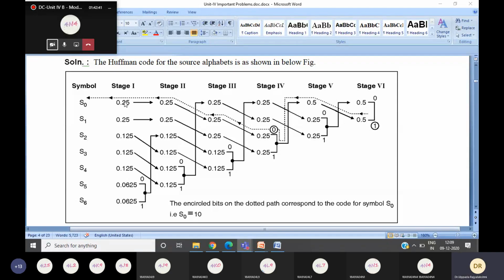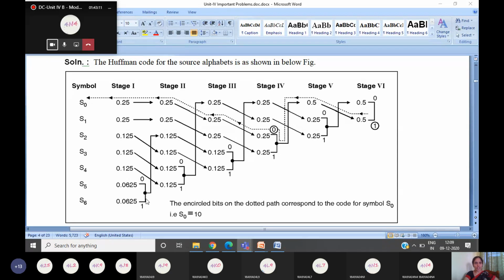So here we have symbols S0, S1, S2, S3 and so on up to S6. Now in the first step, what will we do? Please represent the probabilities in decreasing order: 0.25, 0.25, 0.125, the same values we mentioned. Now in stage 1, the last m number of terms are combined, and in the question m is given as 2, so the last 2 are combined.